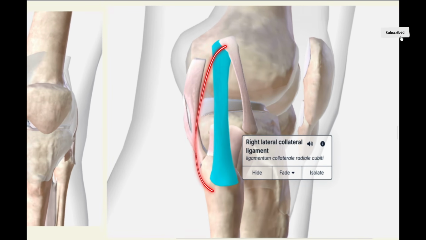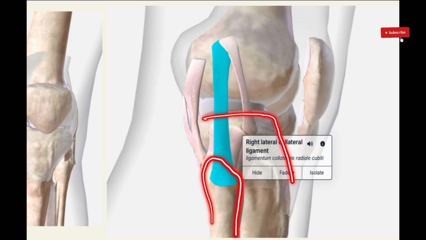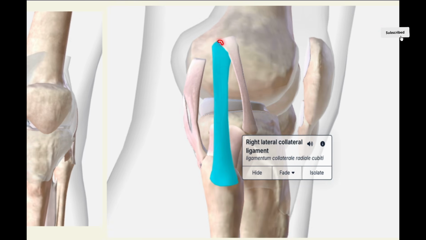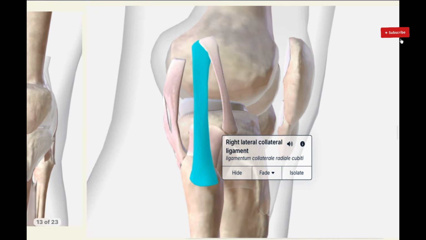Then on the lateral aspect, this is the fibula, and this is the tibia. The ligament coming from the lateral condyle of the femur and attaching to the fibular head is your lateral collateral ligament.